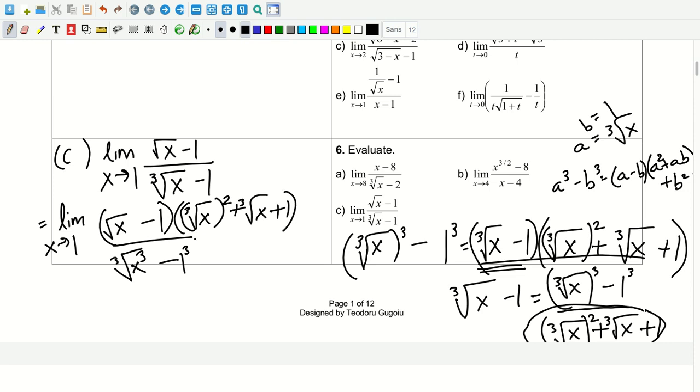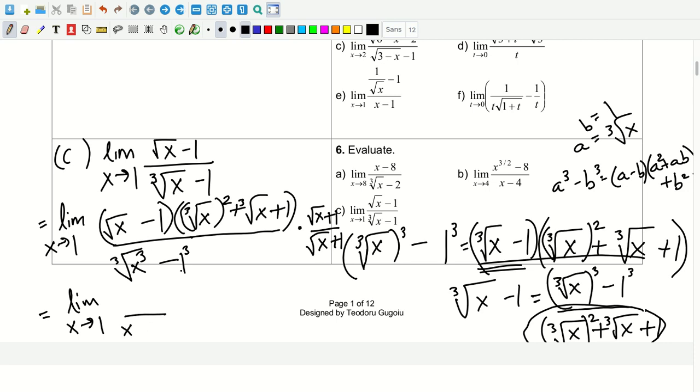Now we're not done, because what I'm going to do is also multiply by the conjugate of the numerator. So it's going to be root x plus 1, root x plus 1. Now, here's where it gets juicy. The cubed root of x cubed is just x.